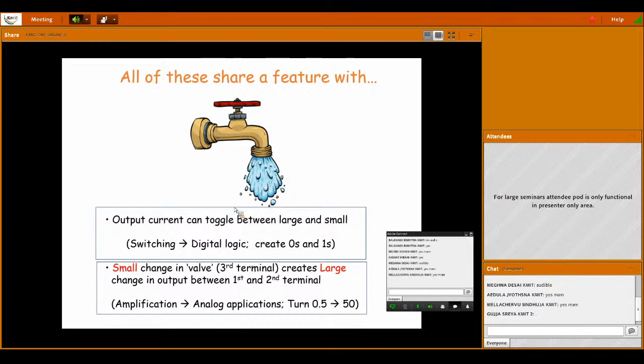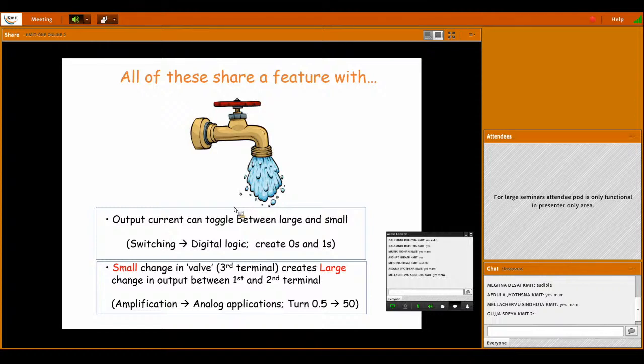Based on the control or physical force you apply on the valve, you can control the flow that comes out from the tap. If we close the tap, we don't have any flow of water or gas. If we fully open the valve, then we have full flow of water. This is a simple concept.